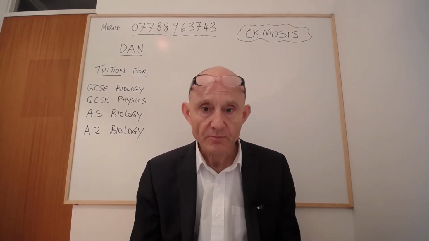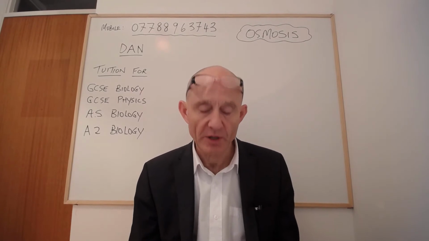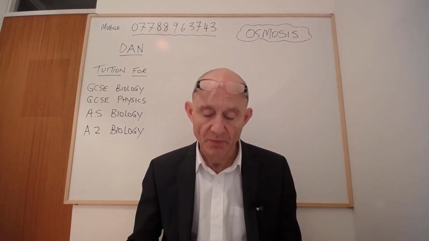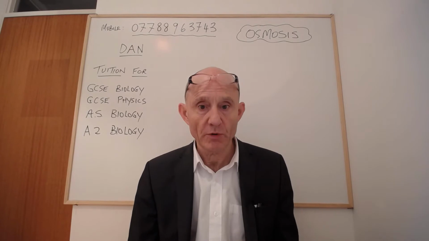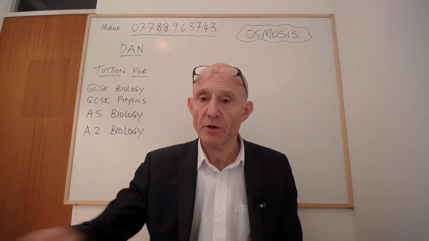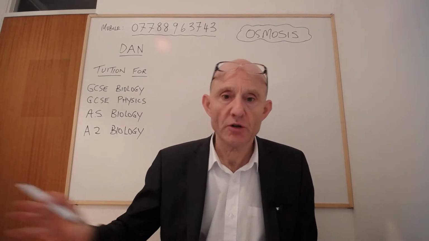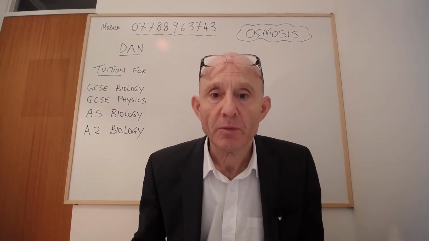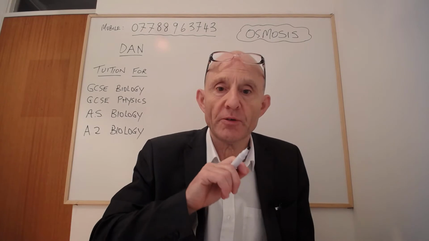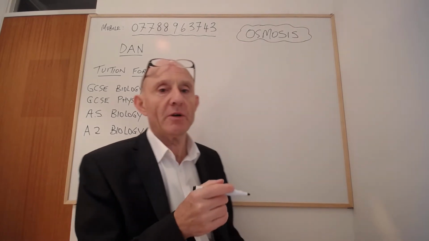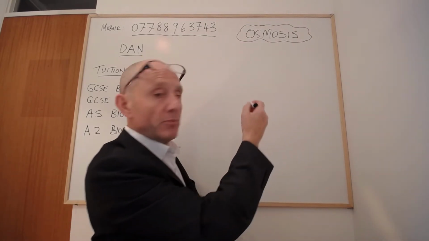So, asking the question then, how is this thing called water potential calculated? So we're going to look at that. Now, when we're doing the calculation of water potential for either solutions or animal cells or plant cells, there's a formula that's very important, and there's some symbols here that are important, and are difficult and important as well.